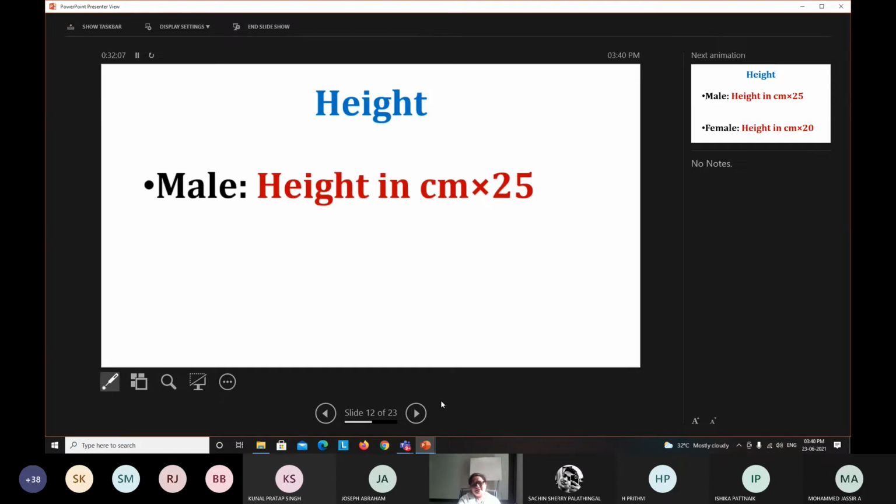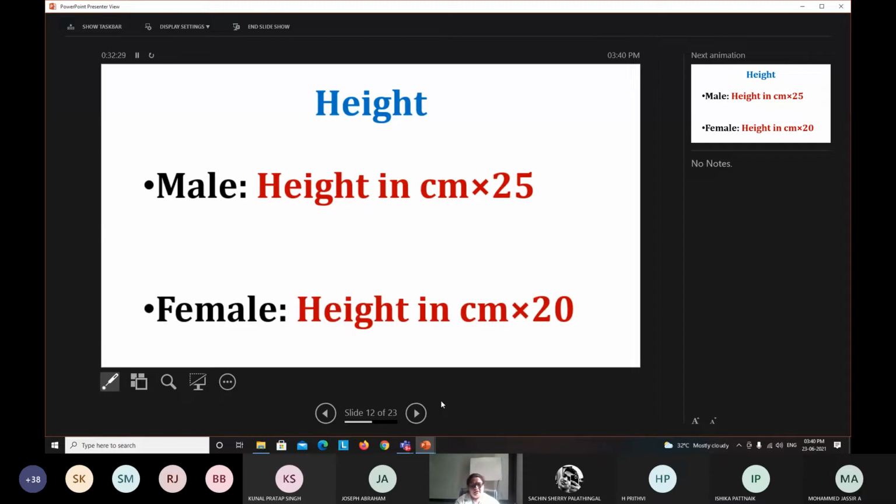For male, it is height in centimeter into 25. You can measure your own vital capacity. If you know your height in centimeter, say you are 165 centimeter, multiply it by 25. That gives you your vital capacity in ml. Can you do it? Yes.